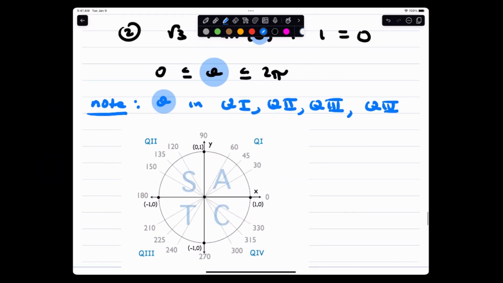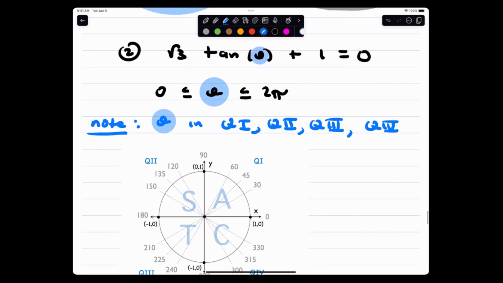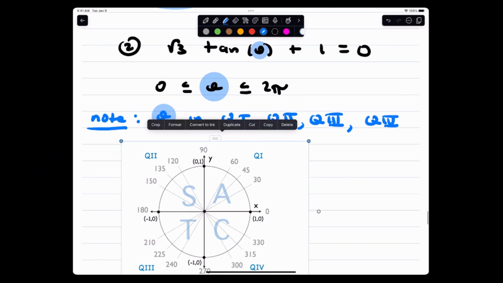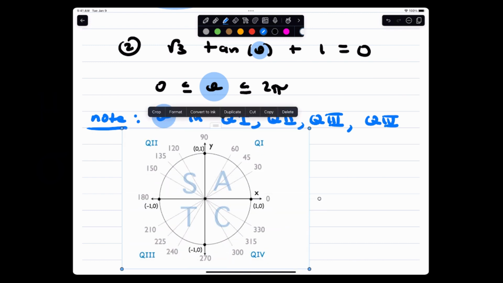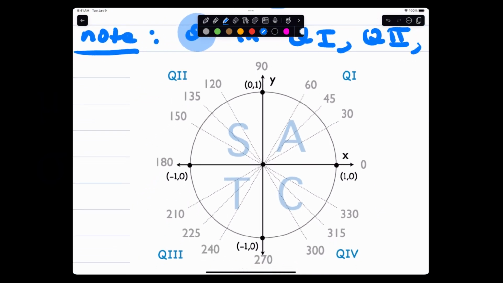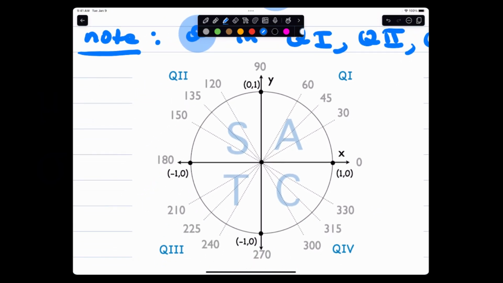All right, so this is kind of where we were working on yesterday, don't you think? You guys remember this stuff from yesterday? Now, I want you guys to remember this because this is the most important thing here. All students take calculus. This is what they mean by your answers being in every one of these quadrants, right?